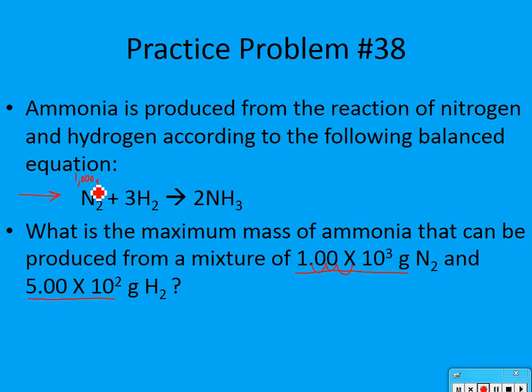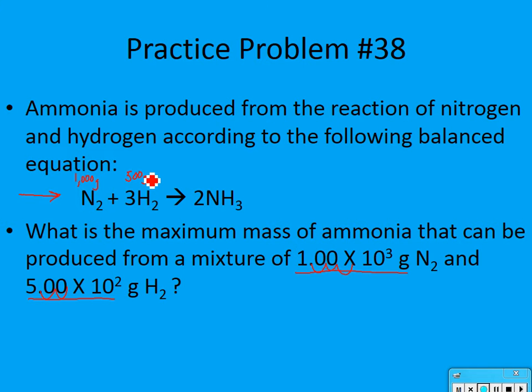How many grams of hydrogen do I really have? I move it over 2 times, so that's 500, right? 500 grams of hydrogen. So that's what I would do first. We have a whole bunch of nitrogen, 1,000 grams, and 500 grams of hydrogen.